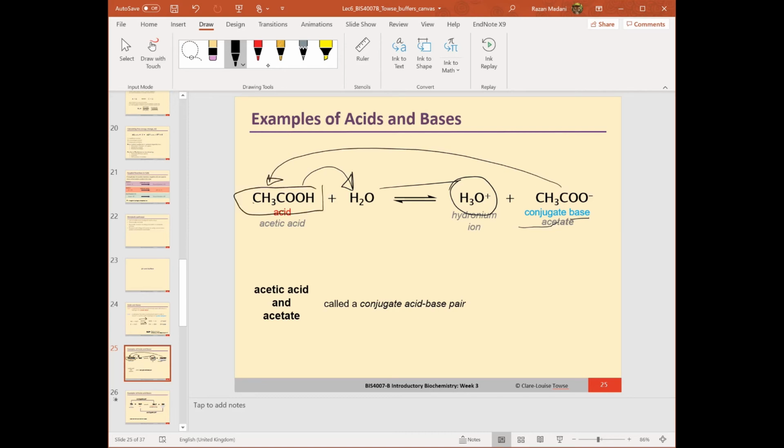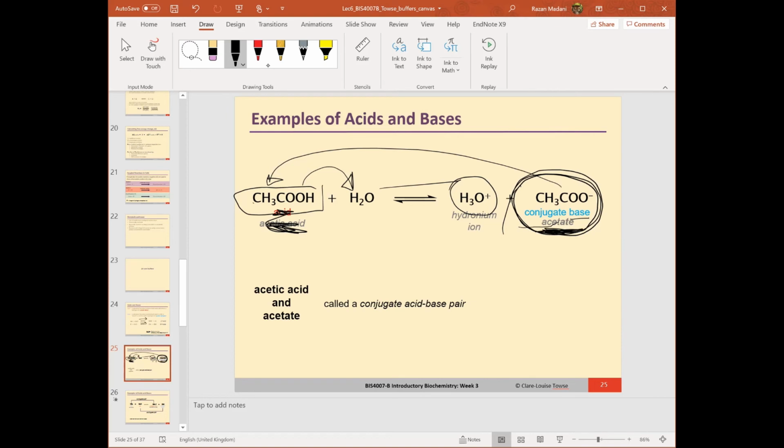Forget about the word acid here. So we have this ion here, and it's accepting a proton, but who is it taking it from? Who is giving the proton to it?